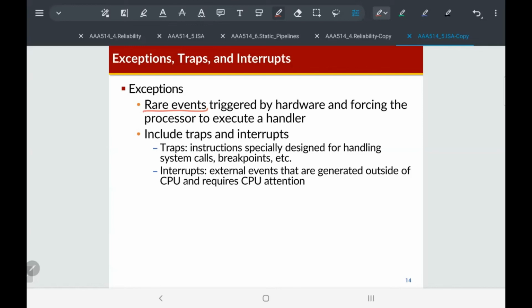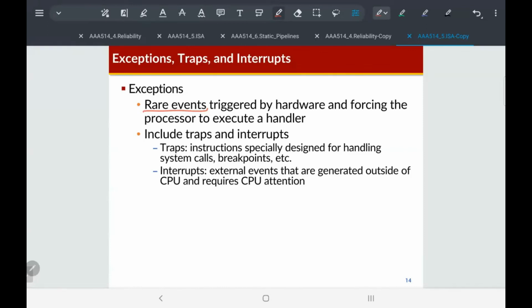So hardware just supports the detection of the exceptions, and then hardware generates some exception vectors. The exception vector stores the cause of the exception, and then other exception information, like the program counter, is stored by hardware, and then the hardware calls the exception handler.